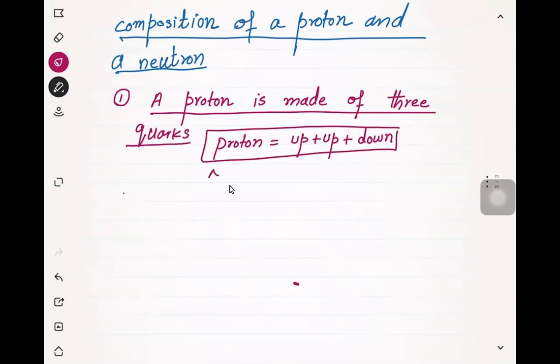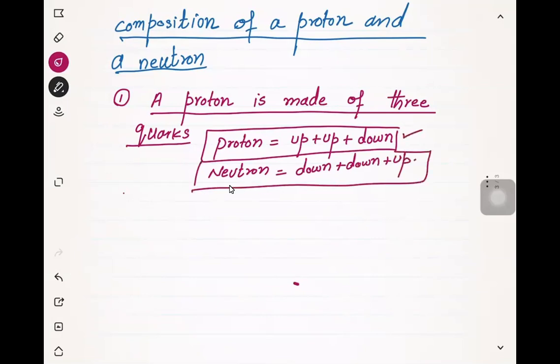A neutron is also made of three quarks, which are down, down, and up.